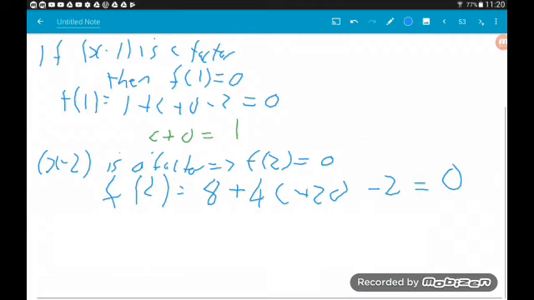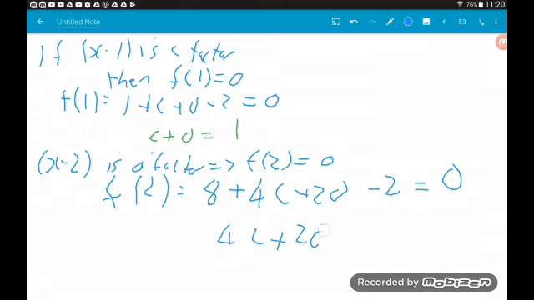Okay, so, well, we can sharpen this up a bit. We've got 8 minus 2 on the left-hand side. 8 minus 2 is 6. So, we can say we've got 4c plus 2d plus 6 equals 0.